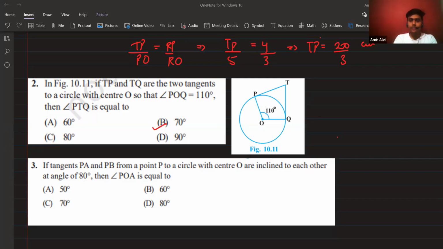Simple question. You can solve this without pen and paper.